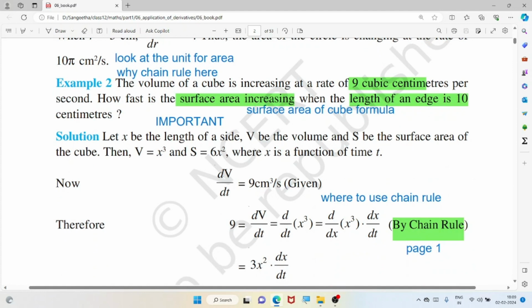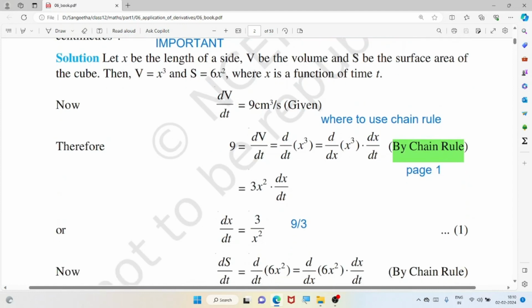So here the volume of the cube is increasing at the rate of dv by dt, which is given. They are asking how the surface area of the cube is changing with respect to its side. Given dv by dt equal to this much, 9 centimeter cube per second. Volume means x cube. Then you differentiate.